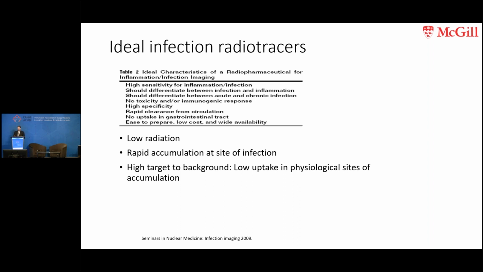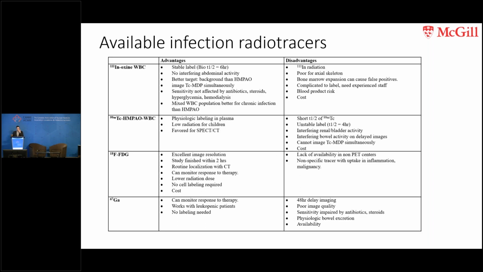So, you know, this is something that many researchers have been trying to develop for many years, but there's nothing really that's practical, available, usable right now. What is available and what is practical and what is widely available anywhere you are in the world right now is FDG.